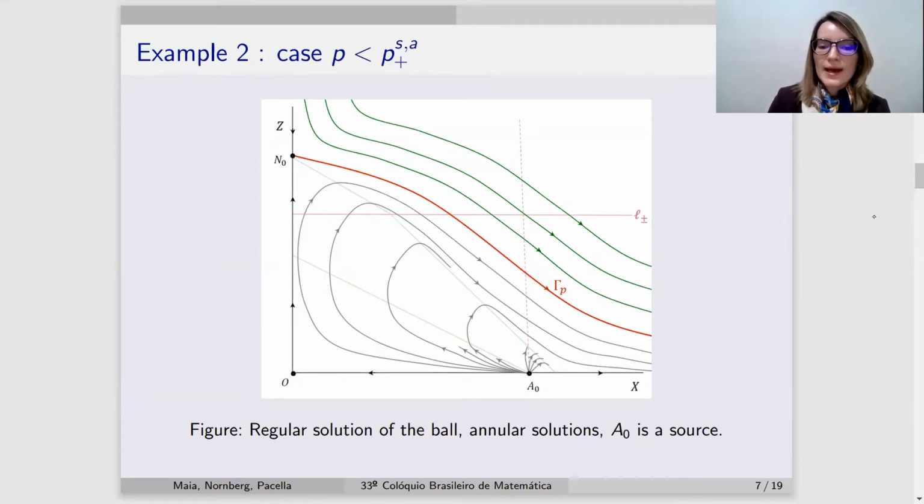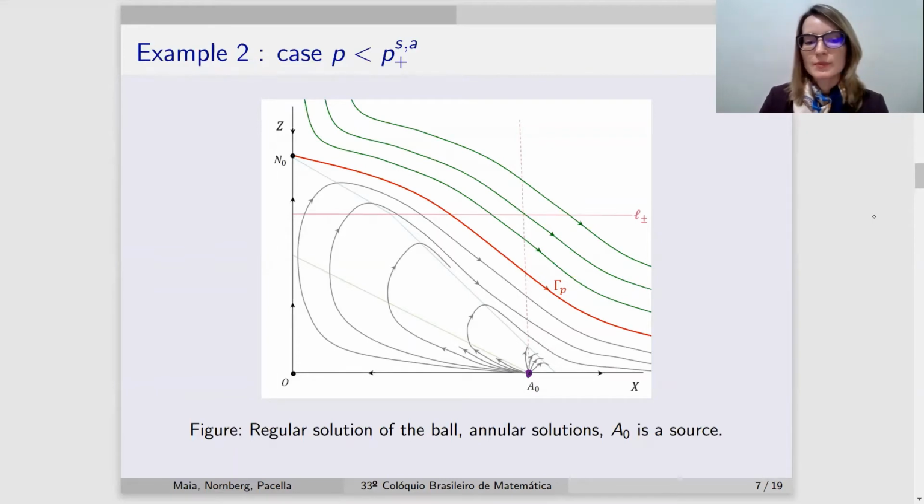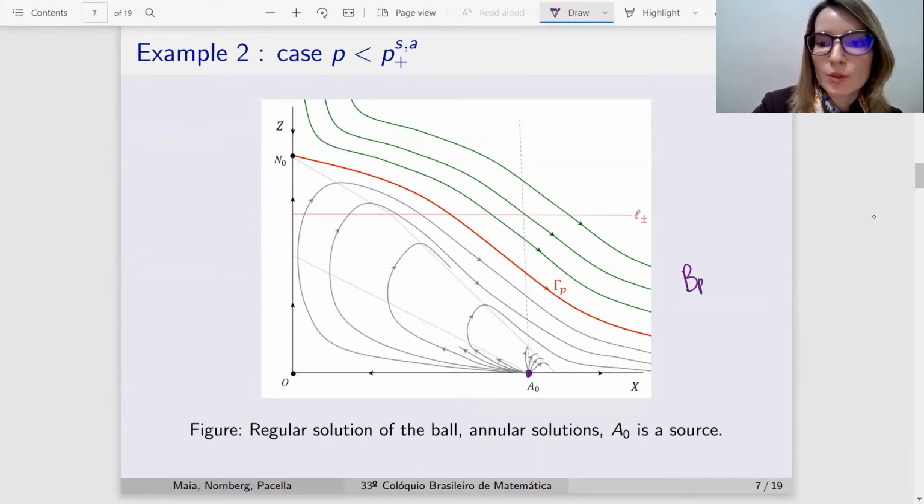So we have infinitely many trajectories which are going out from A0 and which correspond to singular solutions to this problem, and singular solutions that blow up in finite time. So solutions in a ball, in this case in a ball minus zero. So we have infinitely many singular solutions of this type.